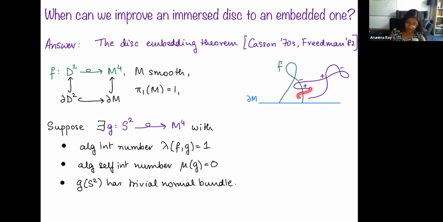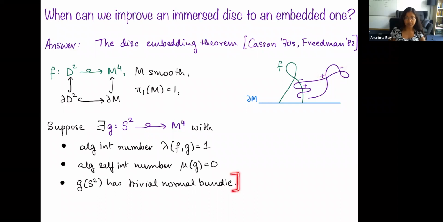So perhaps there's more, perhaps there's three, like in this picture, but these extra ones come in pairs, plus or minus, so they algebraically cancel. I also want the algebraic self-intersection number of G to be trivial. What that means is maybe G has these self-intersections, namely in this picture these two, but these also should have canceling signs, plus and minus.